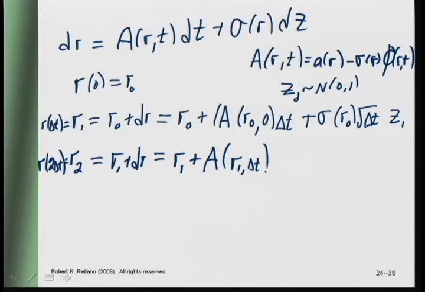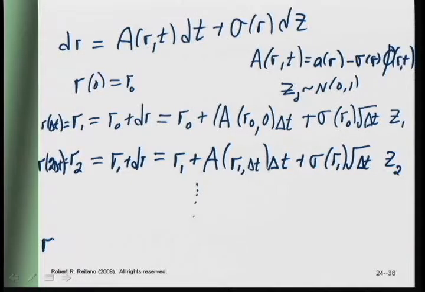We're evaluating A at the point R1 that occurs at time delta t. Multiply that by delta t. Do the same with sigma evaluated at R1, square root of delta t, and a new z. And we continue this until we finally get R at time n minus 1 delta t, since in the summation we only needed up to n minus 1 delta t. By definition that is R n minus 2, the last one we calculated, plus a new dr.